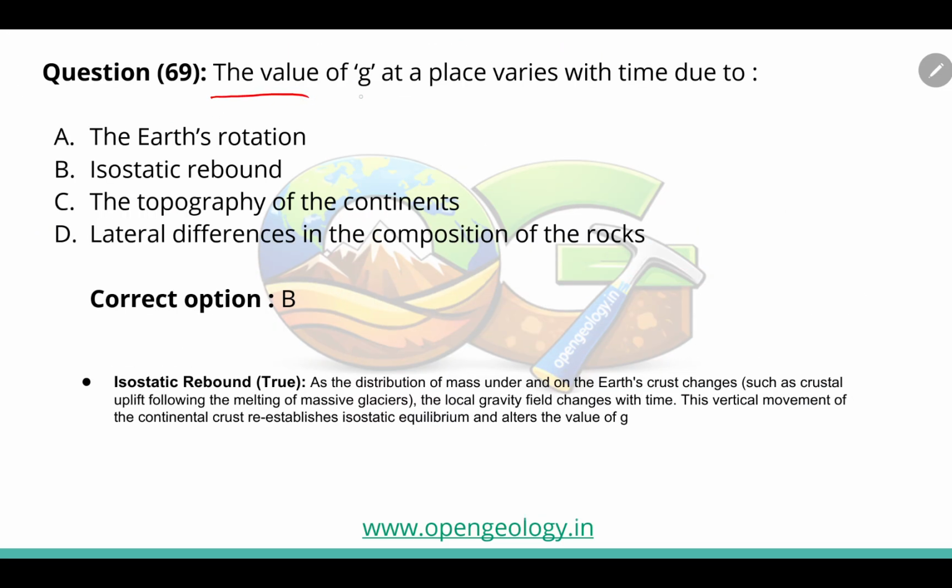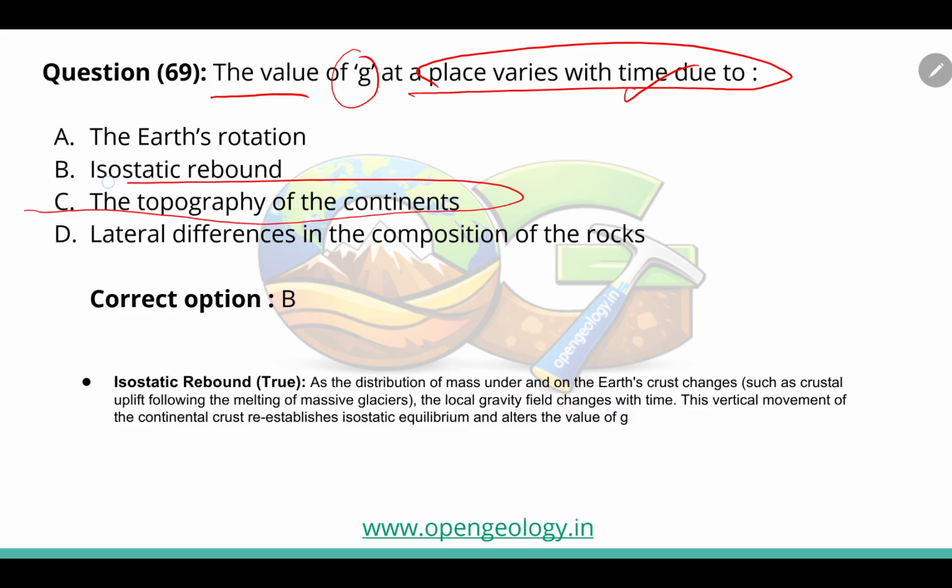Next is, the value of g at a place varies with time due to. The value of gravity changes with time due to the topography of the continents. Why? Because of the elastic rebound theory. You know, elastic rebound theory merged with isostasy, we call it isostatic rebound.